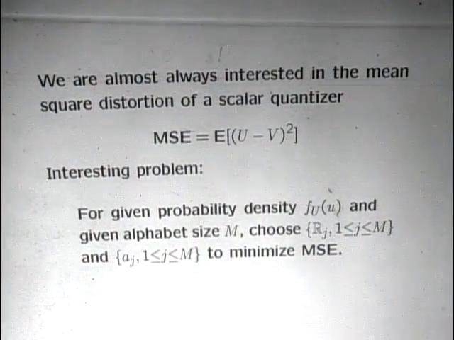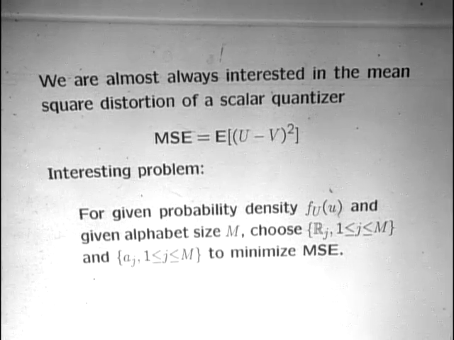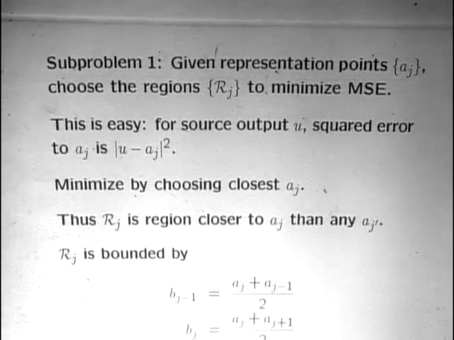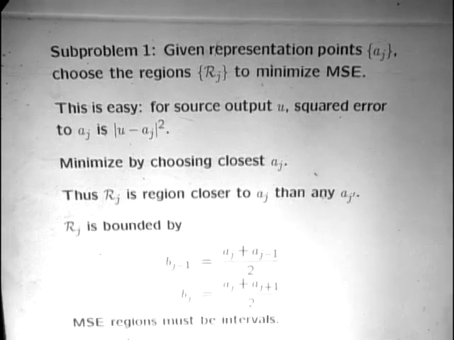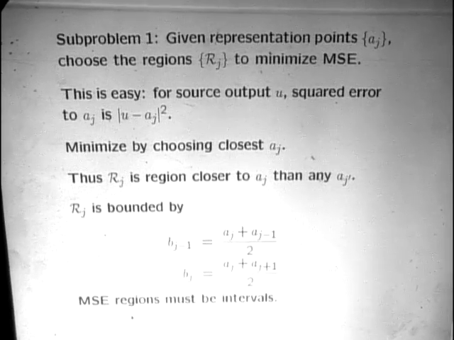We still have this interesting problem of how do you choose the right regions, how do you choose the right sample points. And that turns out to be a simple problem. Wouldn't talk about it if it wasn't simple. And we'll break it into subproblems. And the subproblems are really simple.